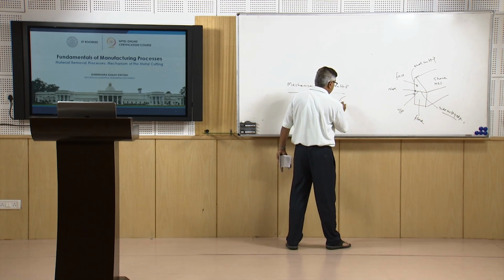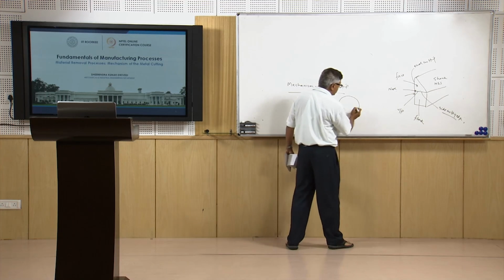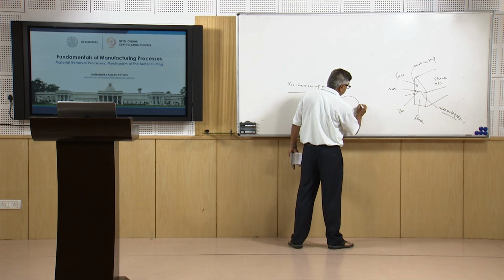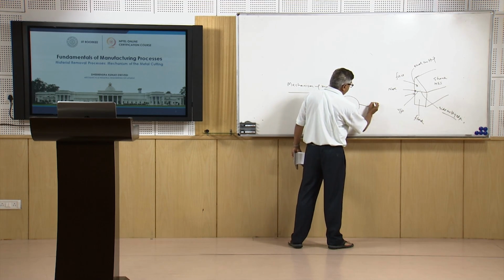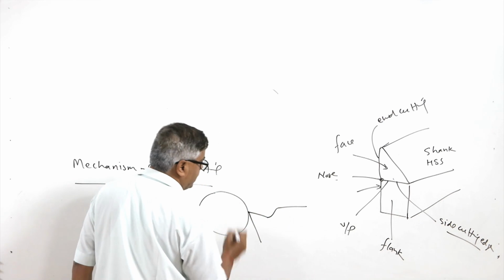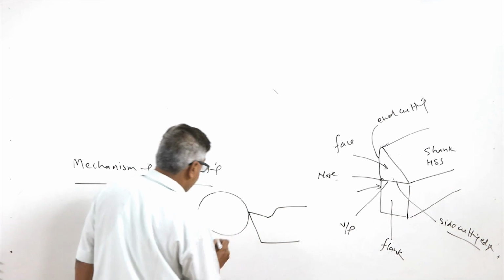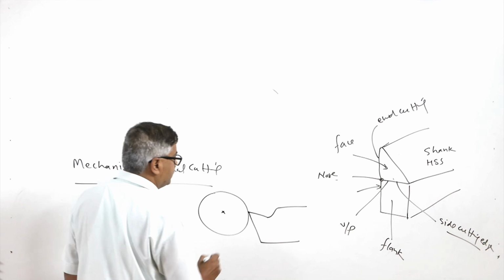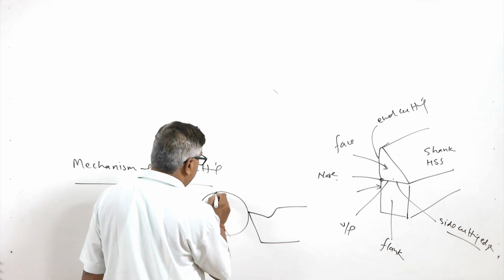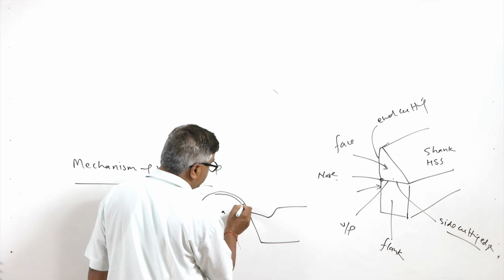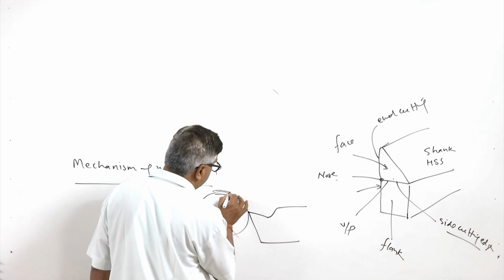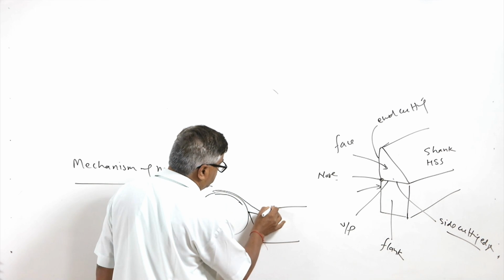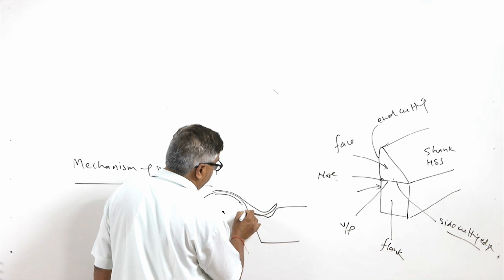Say in case of turning, this is the workpiece, and the cutting tool may have a geometry of this kind. This is the tool, and this is the center of the workpiece. After removal of the material from the workpiece like this, it flows over the face of the tool, and then it passes through like this.